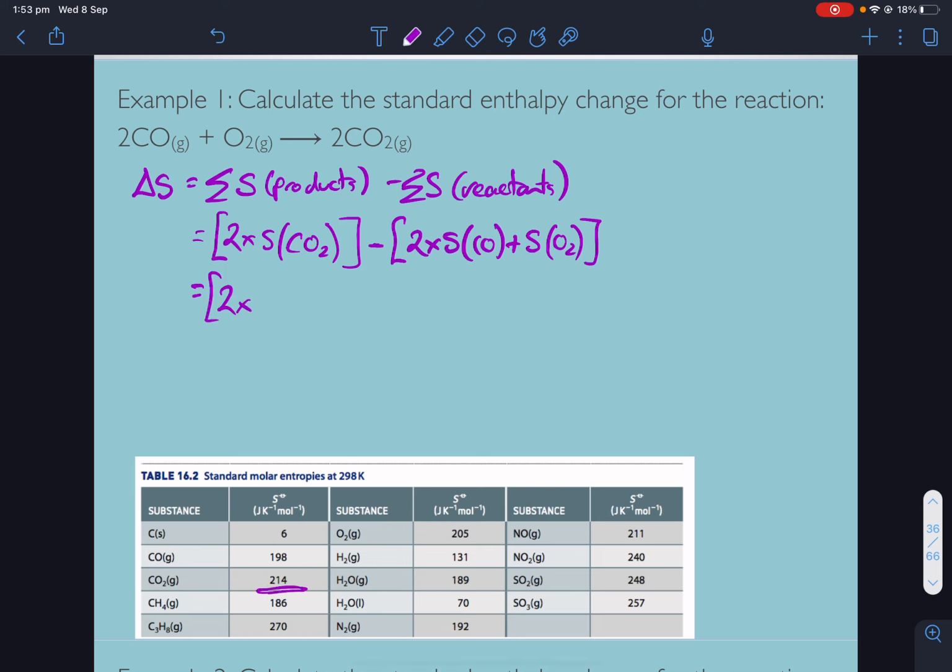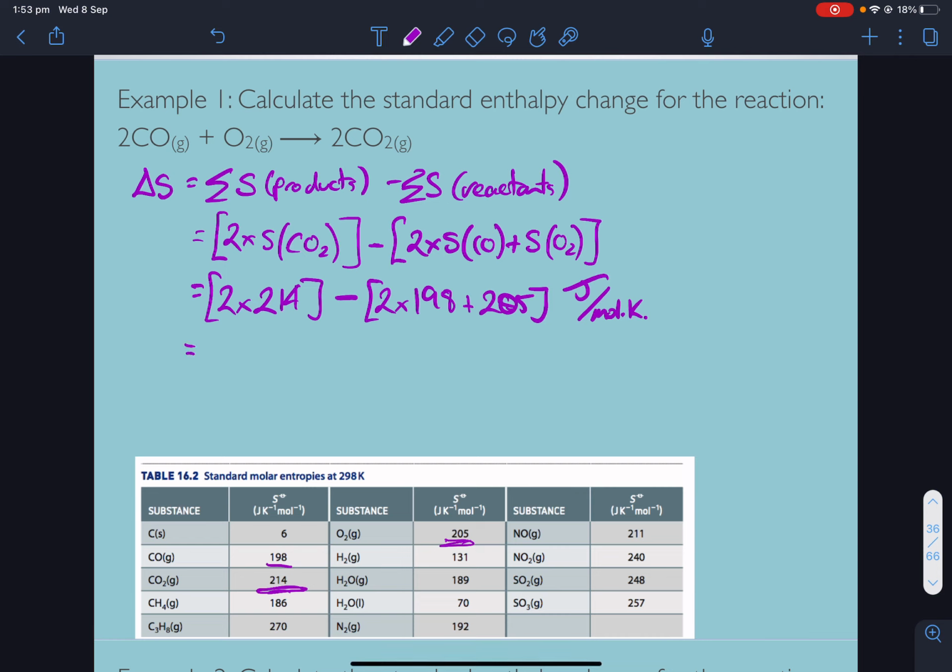It's given down here as 214 joules per Kelvin per mole. 214, I'll put my units in last, minus 2 times the entropy of CO, carbon monoxide, 198, plus 1 times the entropy of O2, which is 205, and my units are joules per mole per Kelvin. I like to write it like that. And now I'll get my calculator.